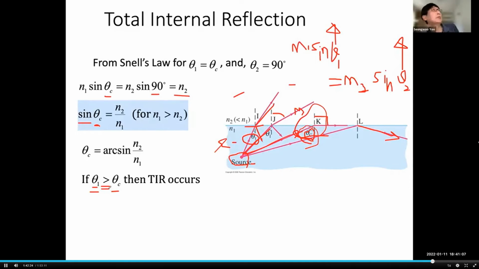Any material has its own refractive index. Therefore, even a mirror has a refractive index. But the function of the mirror is reflection. It just bounces back the light.